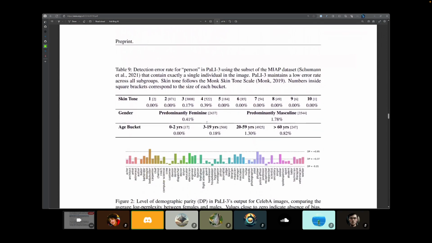Table 9 is the detection error rate for person detection on the dataset that contains exactly a single individual in the image, and it maintains a lower error rate across the subgroups. Skin tone follows the Monk skin tone scale, and numbers inside the square brackets correspond to the size of each bracket.